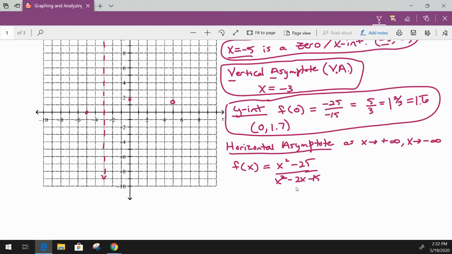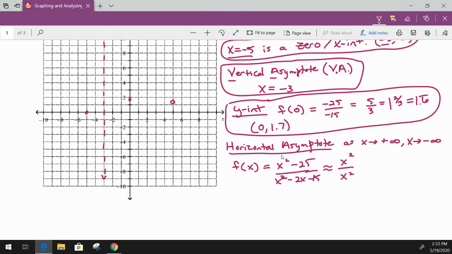The higher degree terms are going to get much bigger, much faster than the lower degree terms. So these lower degree terms really are going to become insignificant. As our x values get closer and closer to positive and negative infinity, the function is going to be approximately equivalent to x squared over x squared.